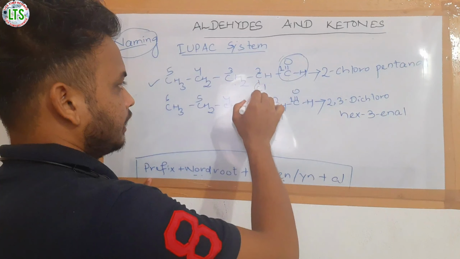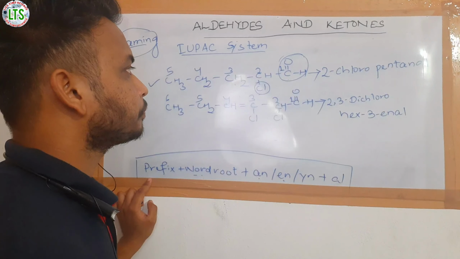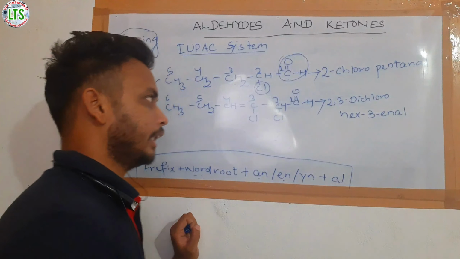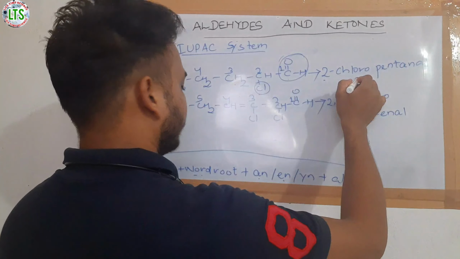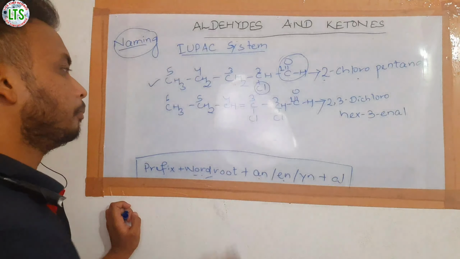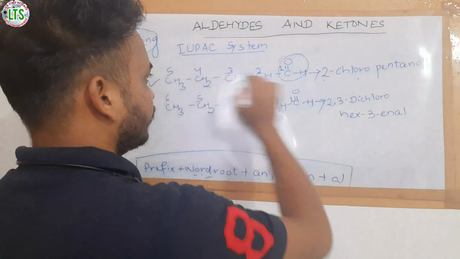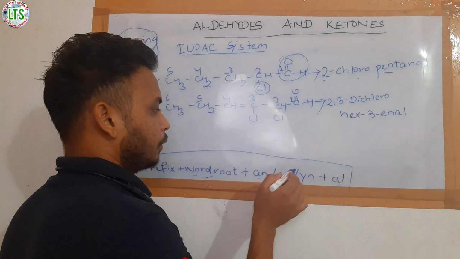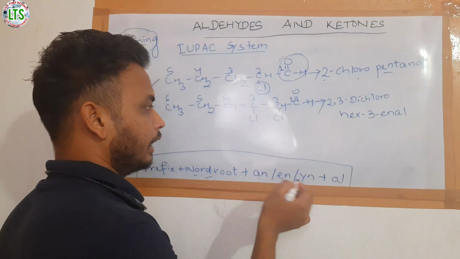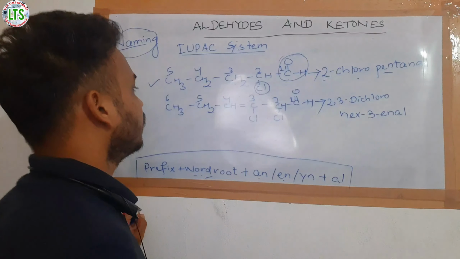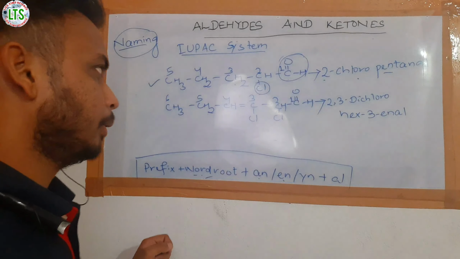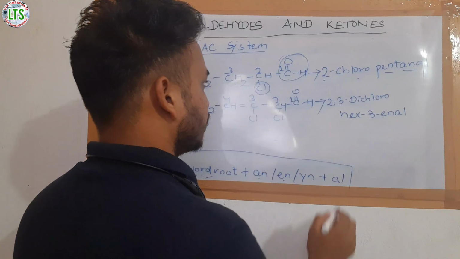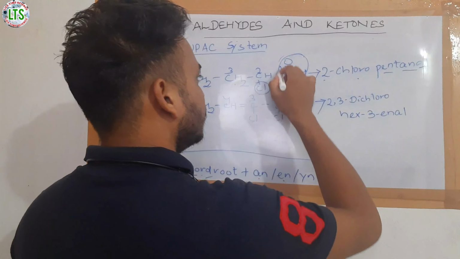Here the prefix is chloro and it is present at carbon number 2. So we write 2-chloro, then we write the word root. Here the number of carbons is 5, so we write pent, and next we write AN or EN or YN. Here there are single bonds between the carbon atoms, so we write AN, and the next is the suffix, that is AL for the group CHO.